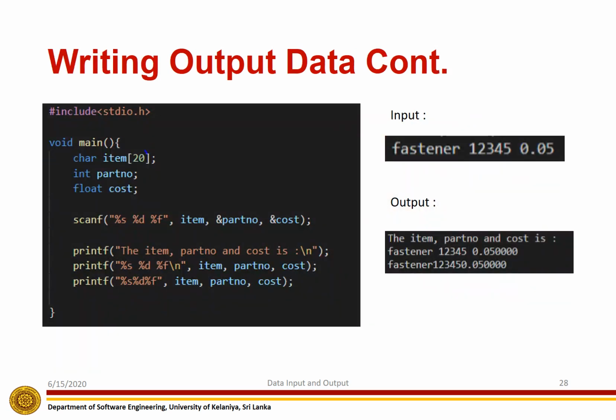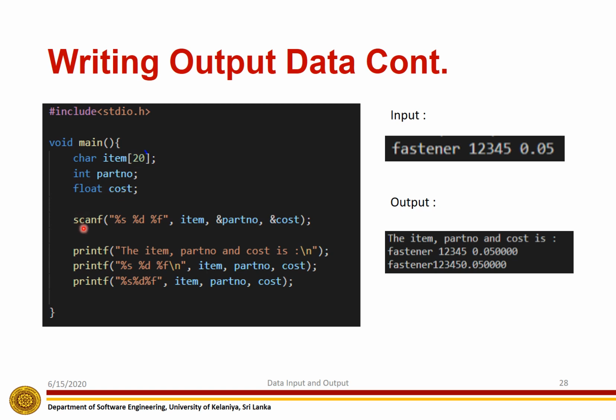Now we will see an example for the use of the printf function. As usual, I have included the stdio.h file which includes the input output library functions, then the main function, and I have declared 3 variables as in the last examples: char item, and inside the square brackets 20, that is 20 characters can be included, then integer part number, and the float type variable cost.